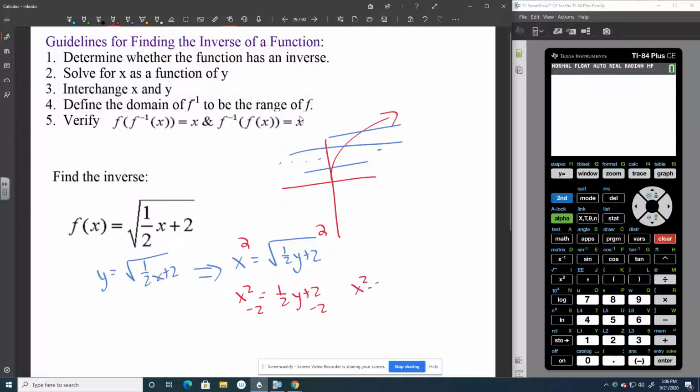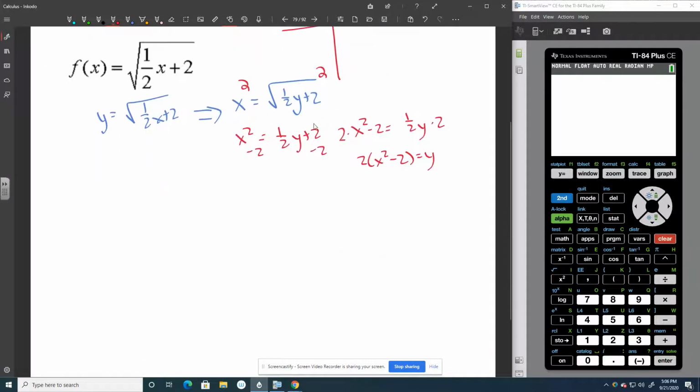So x squared minus 2 equals 1/2 y. And to get rid of the 1/2, I multiply both sides by 2. I multiply by the reciprocal. So I end up with 2 times (x squared minus 2) is equal to y. And if I want to, I can distribute that 2, which I probably should.